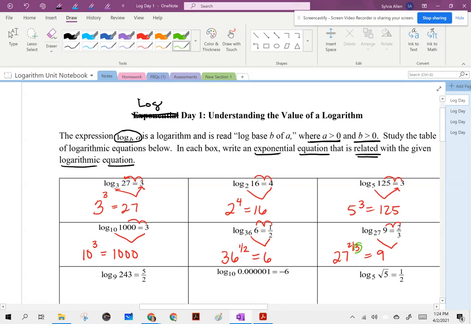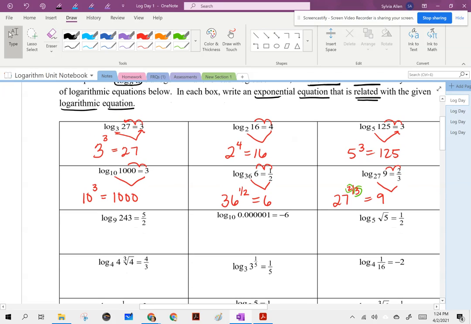So the cubed root of 27 is 3, and then this is the power. 3 squared equals 9. All right, then we're going to have 9 to the 5/2 power, and that is going to equal 243. They're not asking us if we are right or wrong, we're just rewriting. These are absolutely correct, but we are just rewriting it.